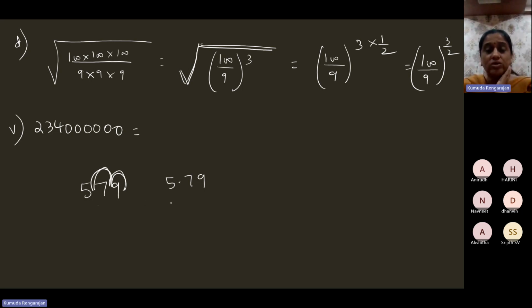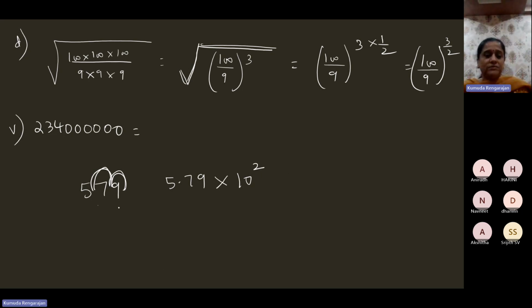Now, while doing this, you're reducing the value of the number. It was 579 and you've made it 5.79. You've reduced its value. So you should multiply by 10 raised to a positive power. And the positive power is equal to the number of decimal places you shifted. So 1, 2. So 2. 10 to the power 2.